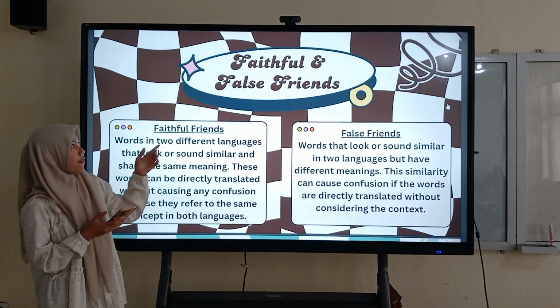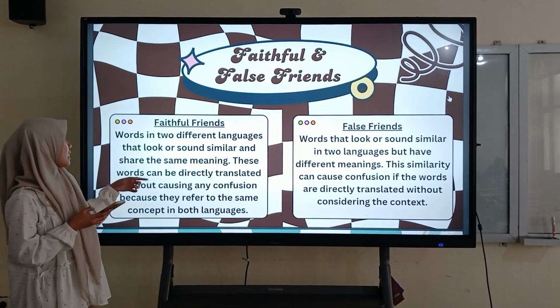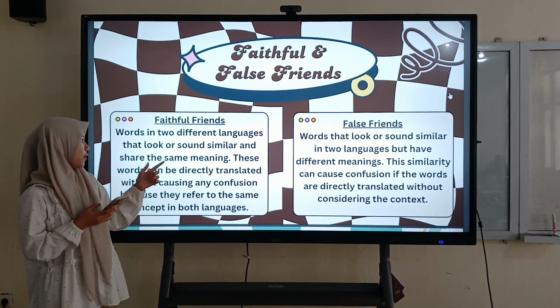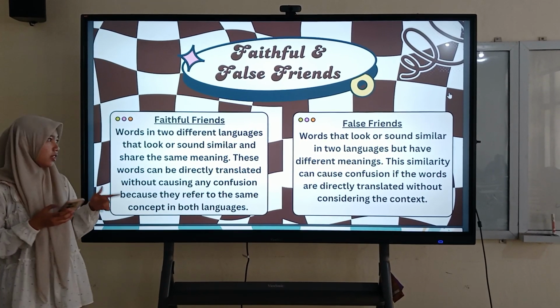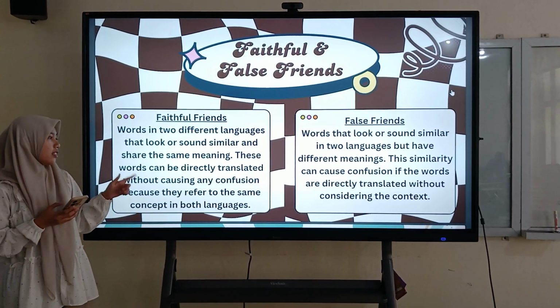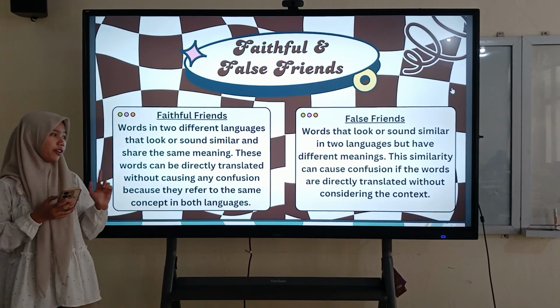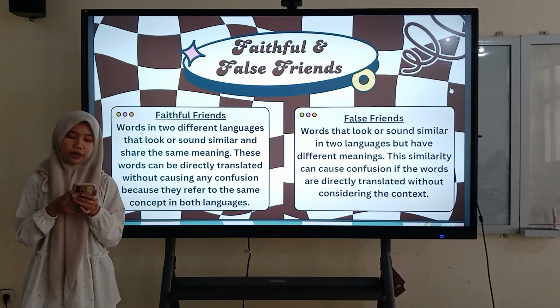Next, about faithful and false friends. Faithful friends are words in two different languages that look or sound similar and share the same meaning. These words can be directly translated without causing any confusion because they refer to the same concept in both languages.